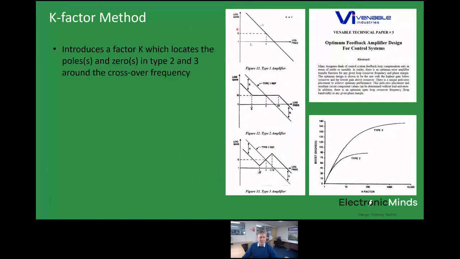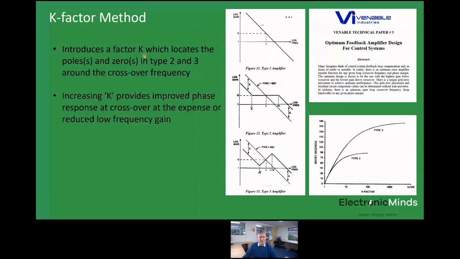So if you think about the type 1, 2, and 3 control schemes, in type 1, we have the straight line of gain. In type 2, we have this sort of characteristic with a flat region. And in type 3, we have this decreasing, increasing, and then decreasing region. So what we do is we define this factor K. In type 2 control, F is your crossover frequency, which is where you would originally cross your type 1 control loop over.